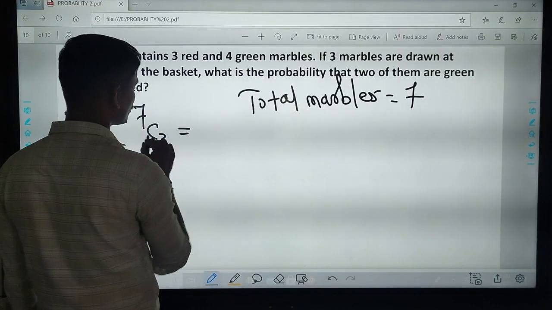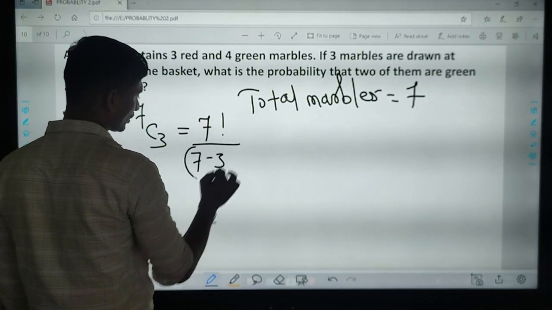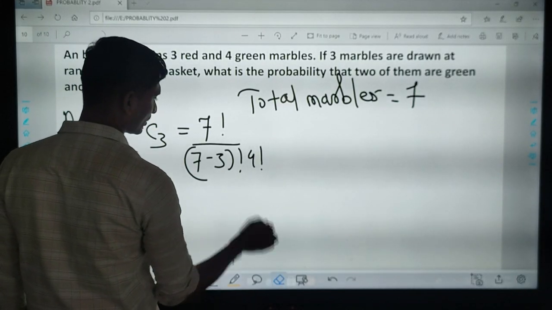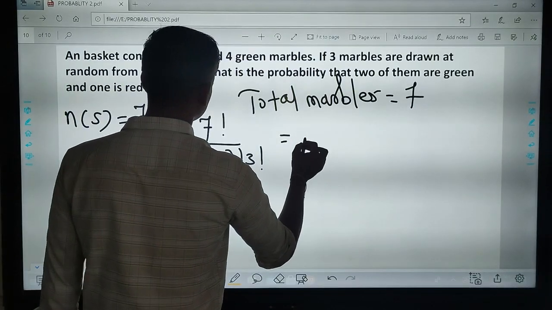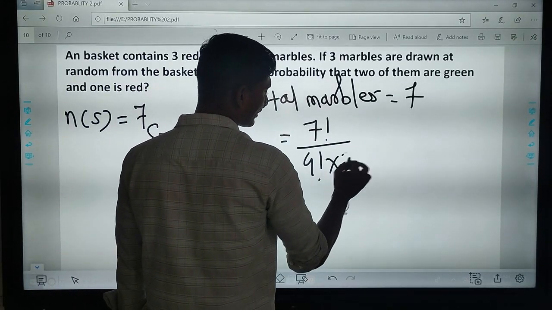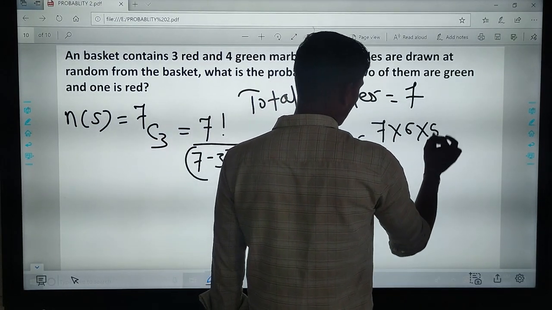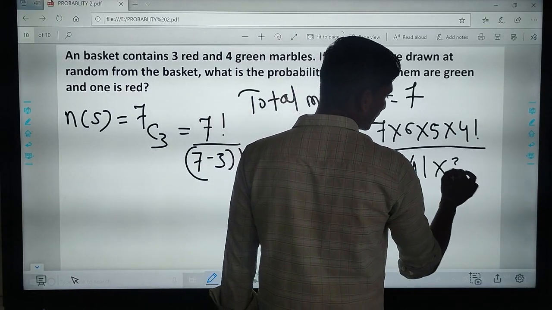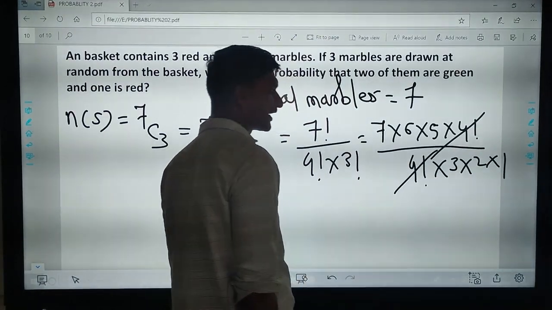Then 7C3 is equal to 7 factorial divided by 7 minus 3 factorial into 3 factorial. Now here 7 factorial divided by 4 factorial into 3 factorial. Here we write 7 factorial means 7 into 6 into 5 into 4 factorial, divided by 4 factorial into 3 factorial, which means 3 into 2 into 1. 4 factorial gets cancelled.